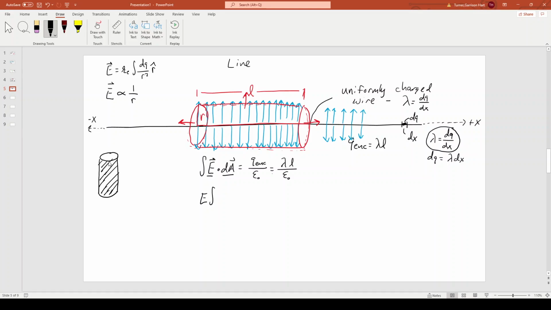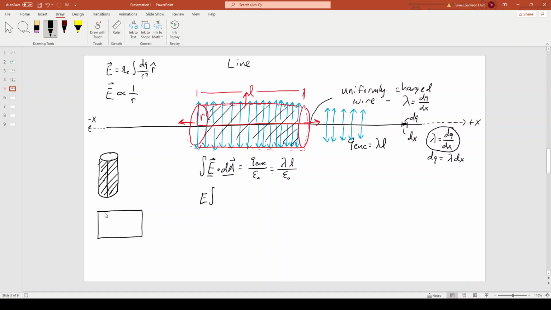So imagine like a wrapping paper tube or a paper towel tube or a toilet paper tube, and you slice it straight down like this. And then you unfold it into a rectangle. This is the surface area of the tube. Right? This is the surface area of your Gaussian surface.